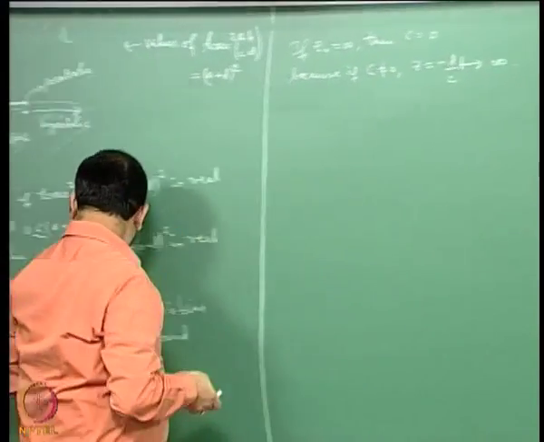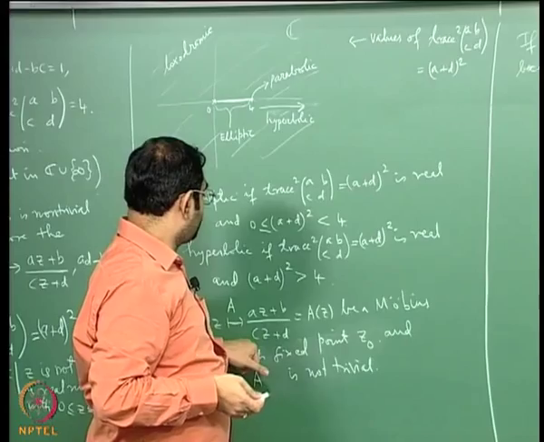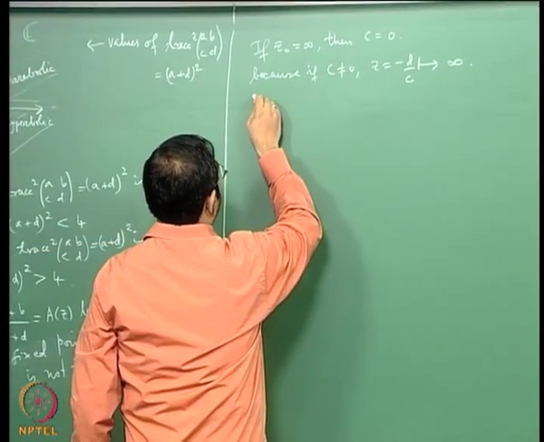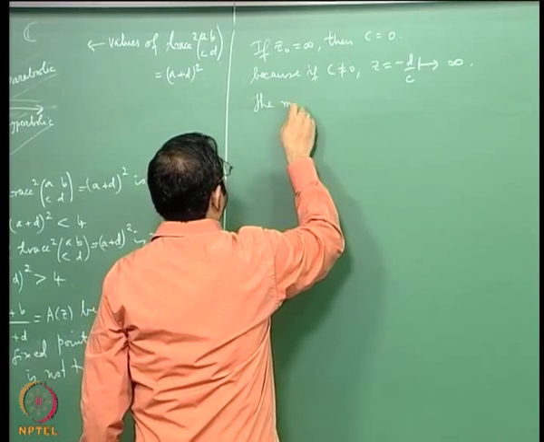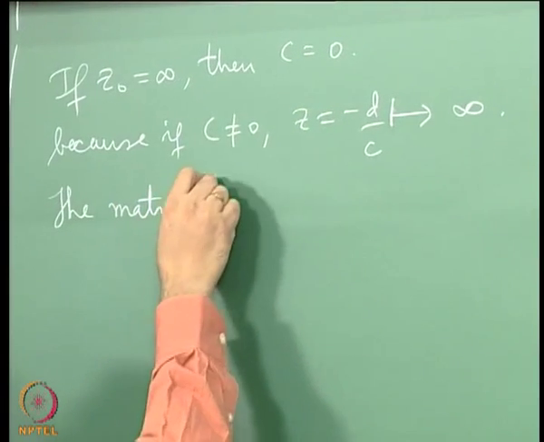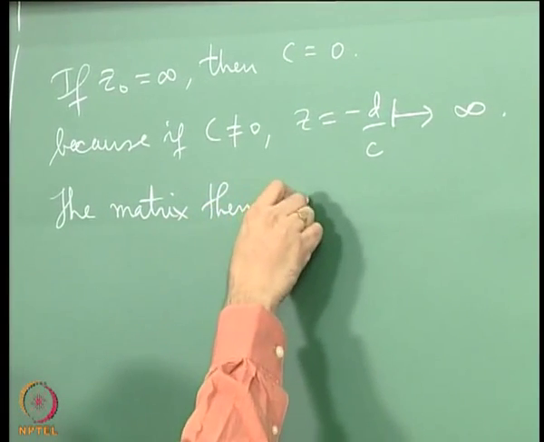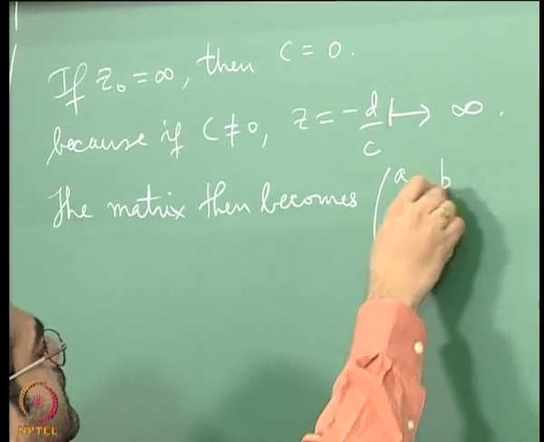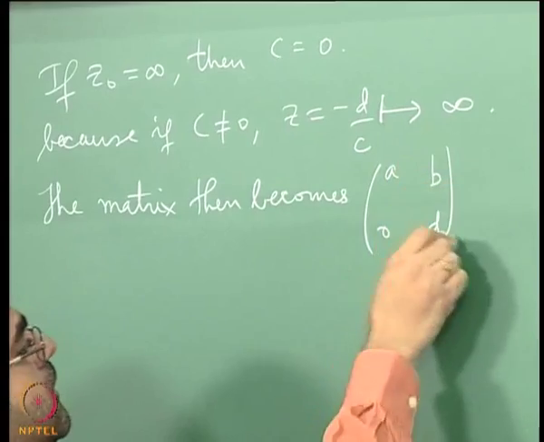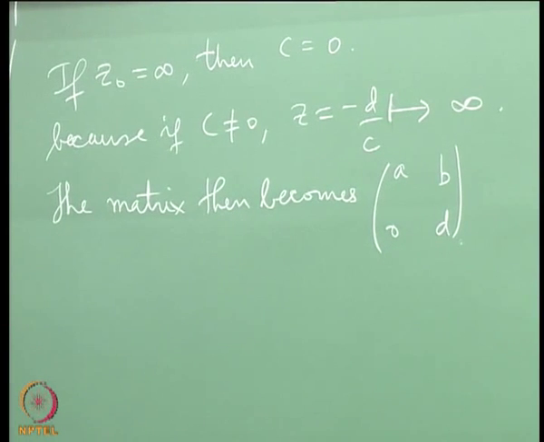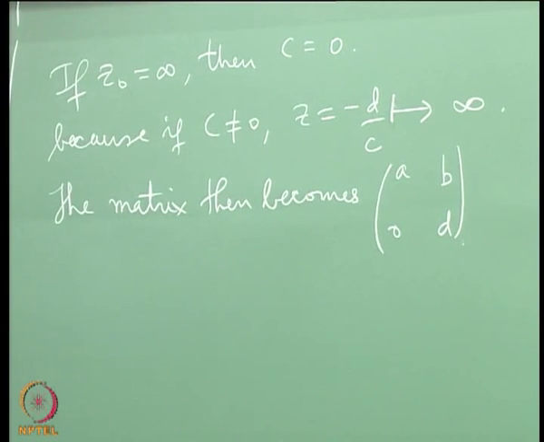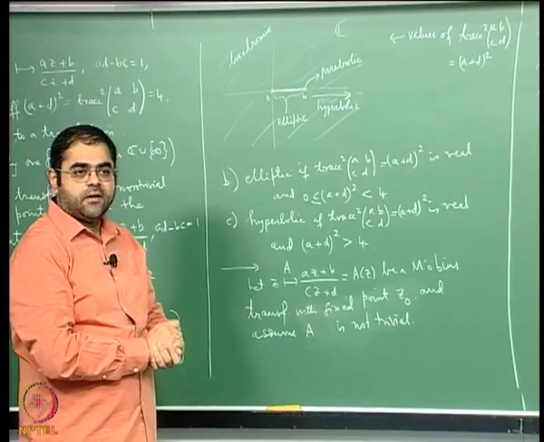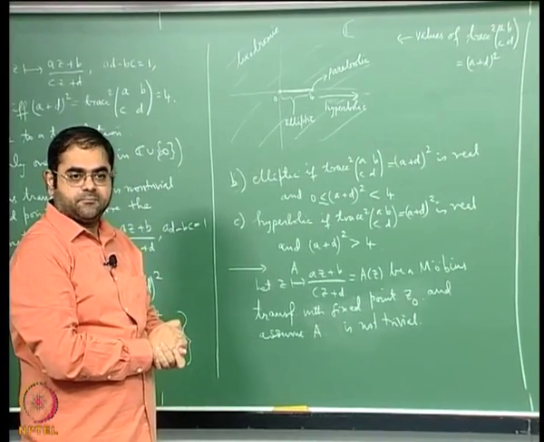So what it means is that the matrix form then becomes A B 0 D, and in fact these are precisely the Moebius transformations which are automorphisms of the complex plane.